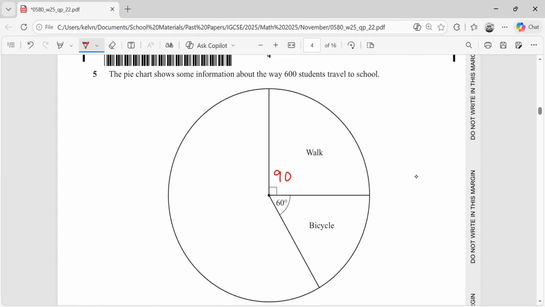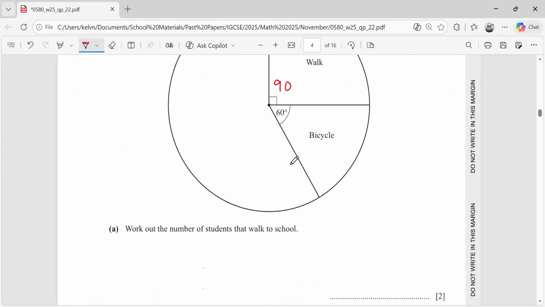In a pie chart, a full circle gives us 360 degrees. So we can say 360 degrees represents 600 students. Now we can use that to find out the number of students or the degree, based on what the question asks.